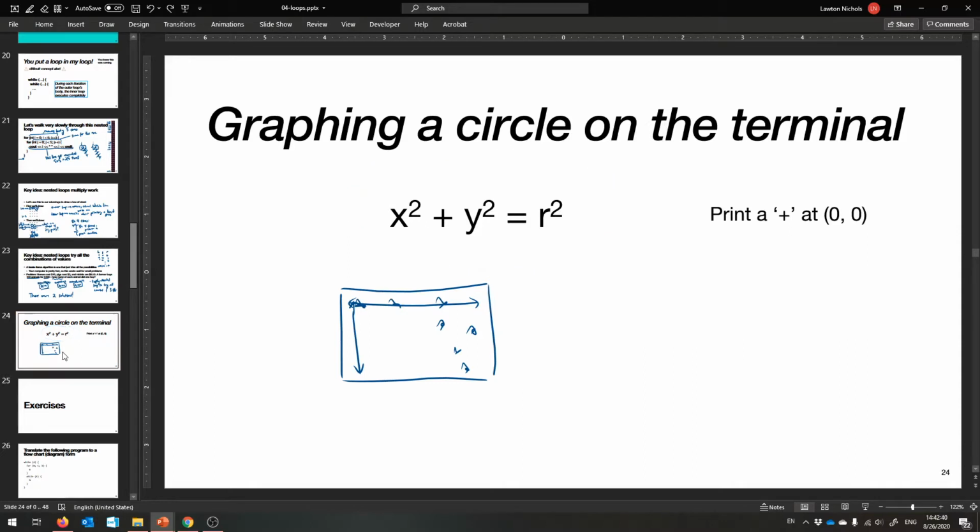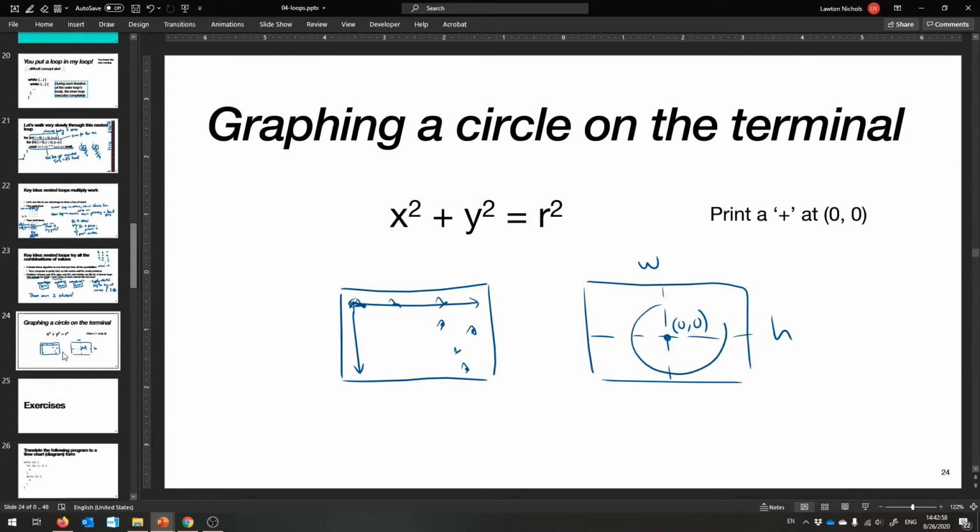We're going to pretend that the very middle of our terminal, so it has some width and some height, the very middle of it, whatever that is going to be our 0, 0 coordinate, okay? And we're going to graph a circle of a certain radius using characters.